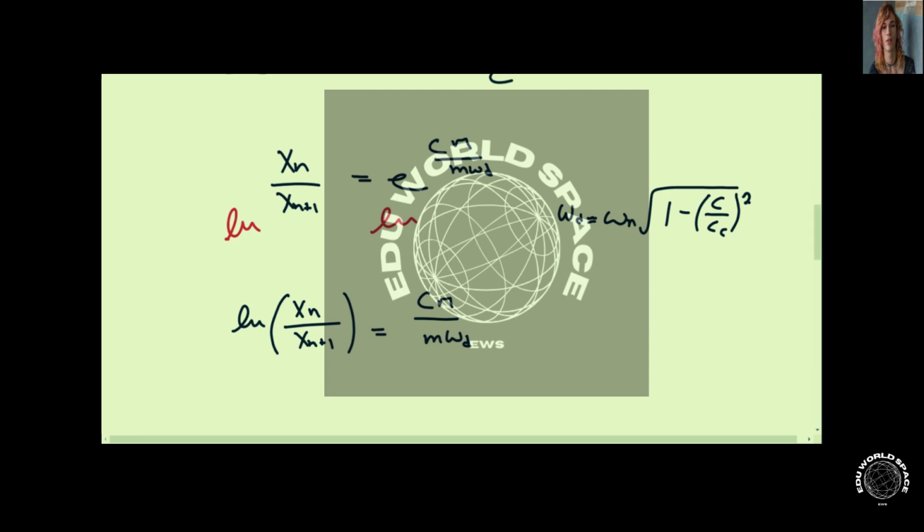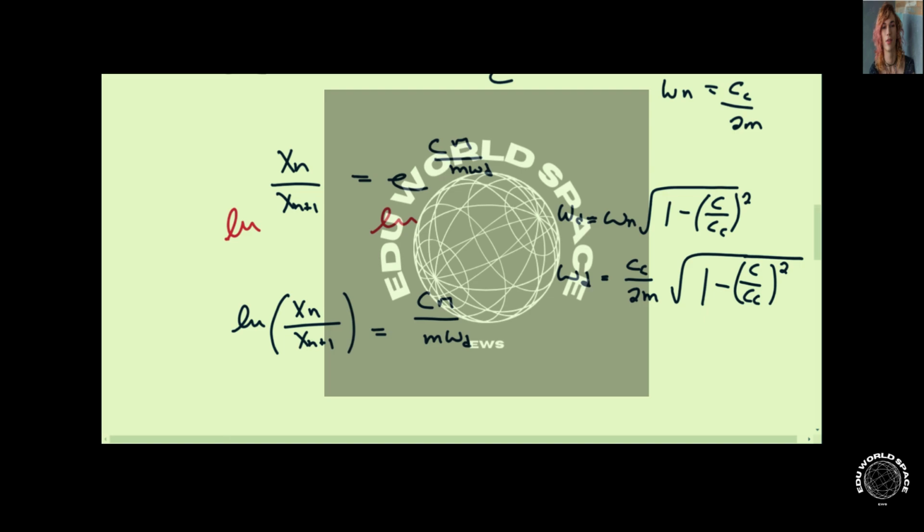Here we're going to have this equal c over 2m, so we have the damping factor equal to c over 2m, and wd equals square root of 1 minus that squared.